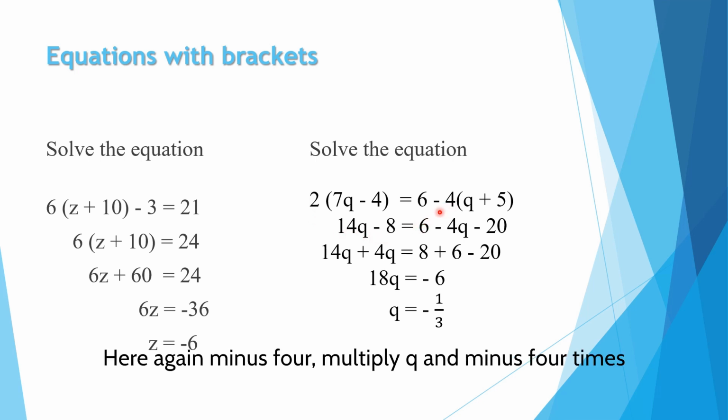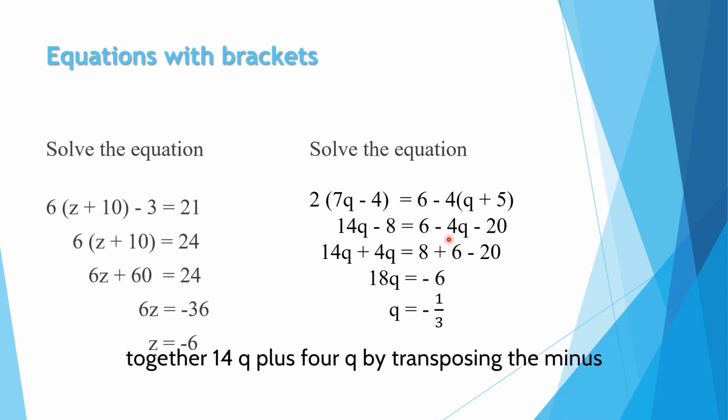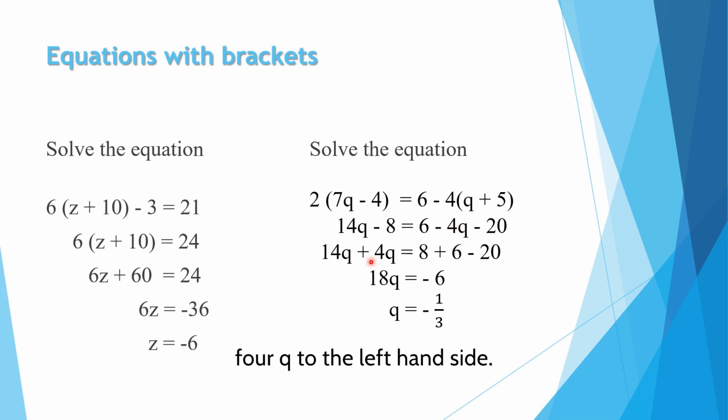Here, again, minus 4 times q, and minus 4 times 5 is minus 20. So we can put the like terms together, 14q plus 4q, by transposing the minus 4q to the left-hand side, and then we group all the numbers together on the right-hand side.